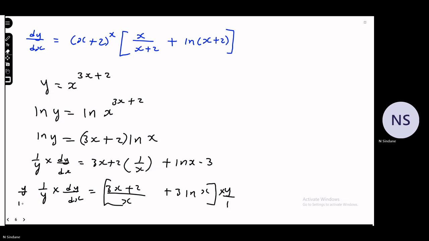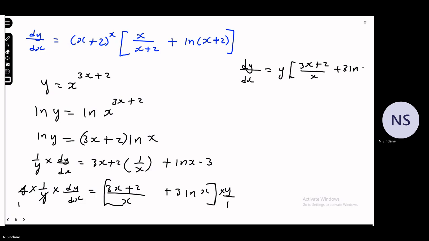This and that, they cancel. I have dy over dx is equals to y into 3x plus 2 divided by x plus 3 ln of x.